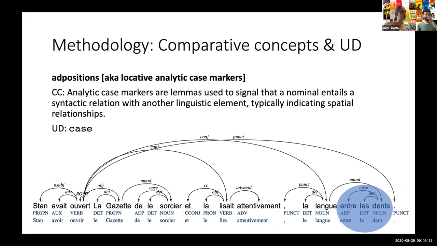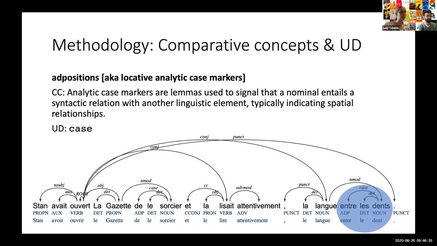Then we come to adpositions. So we have another definition here, and the UD relation that captures adpositions is called case. Those of you that are familiar with UD might know that there's another UD feature that's also called case, and this has to do with morphological case marking.